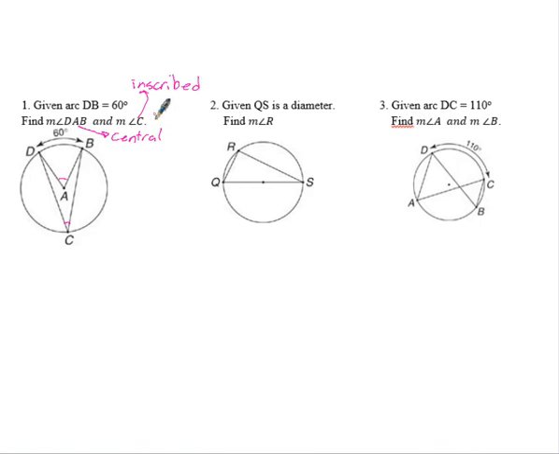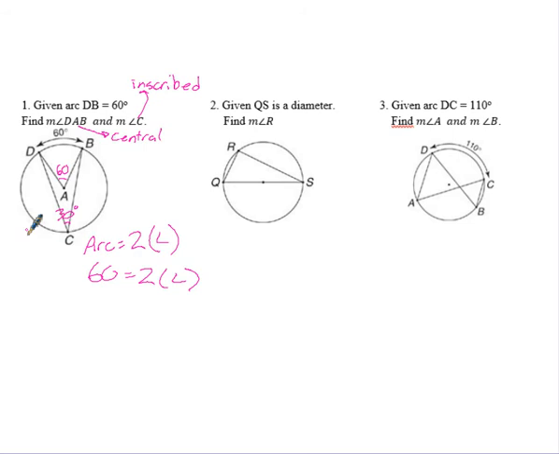What we talked about last section was that central angles have the same measurement as the arc. So if this is 60, this has to be 60. So DAB would be 60, and then what we just talked about is that the arc equals 2 times the angle, and we're solving for the angle, so now we have 60 equals 2 times the angle. If I want to solve for the angle, just divide by 2, so we can say that angle C is equal to 30 degrees.